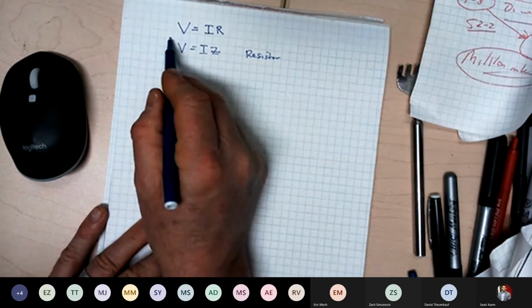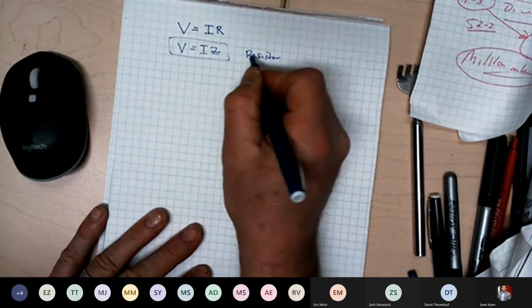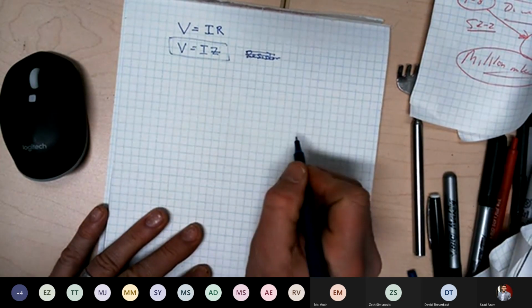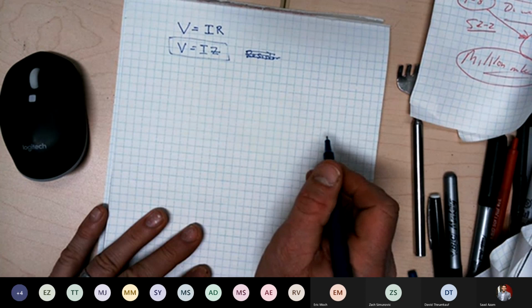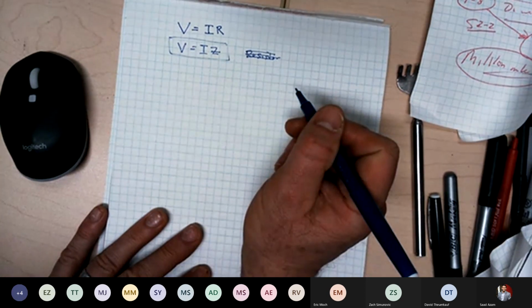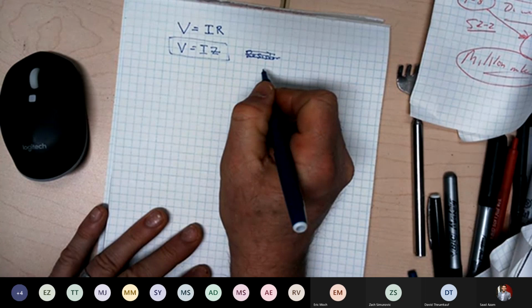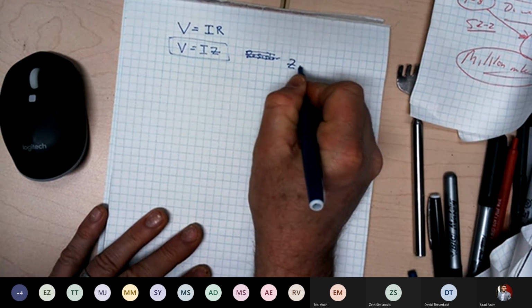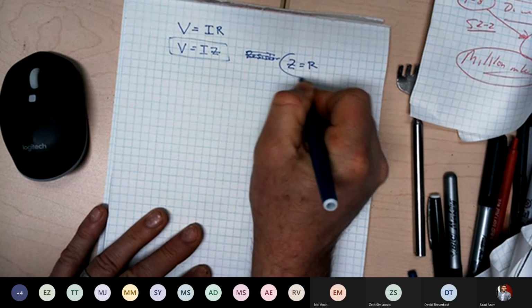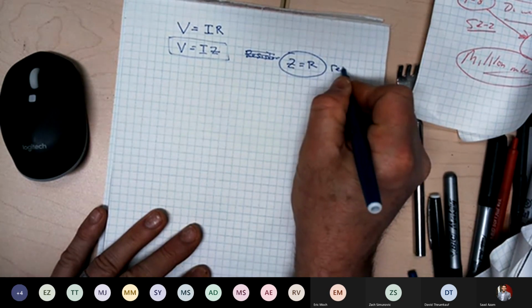In fact, this is always true. This is Ohm's law here. So for a resistor, the impedance of a resistor is just R. Okay, that's for a resistor.